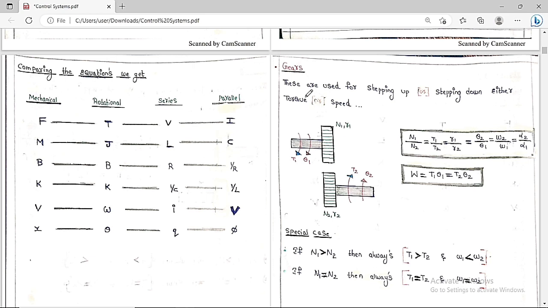Now we are going to discuss another concept, which is called gears. So what is the concept of gears? Basically, these are used for either stepping up or stepping down either torque or speed.